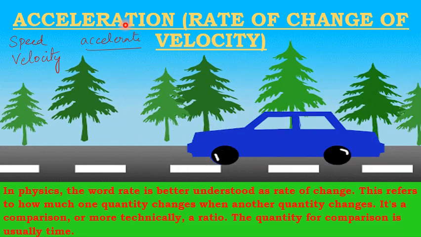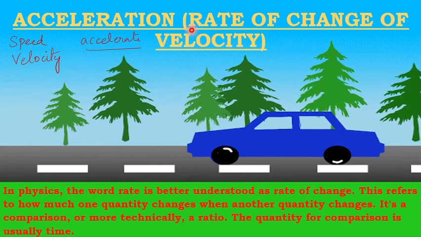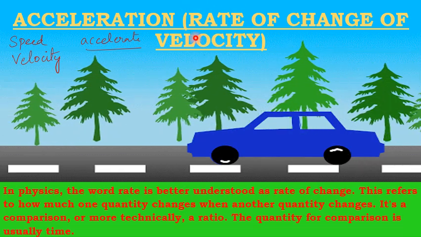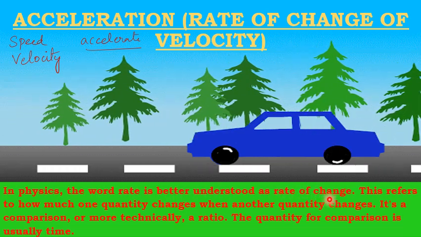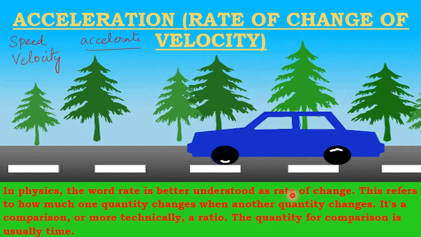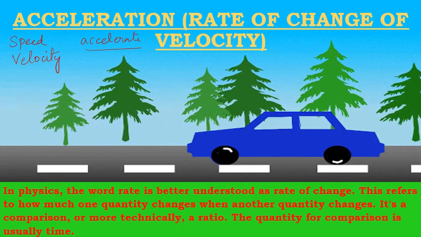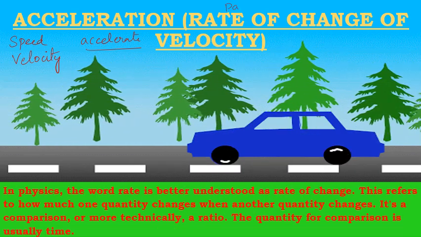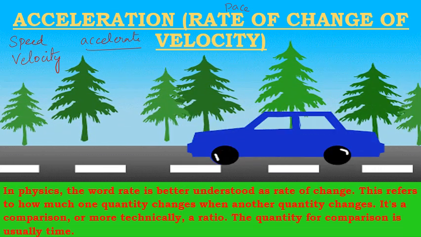Before we get into the actual concept of acceleration, we are going to try to understand the meaning of the word rate. In physics, the word rate is better understood as a rate of change. We generally use the word rate to say at what pace, in the sense at what speed, in a given time, how much we are able to do.